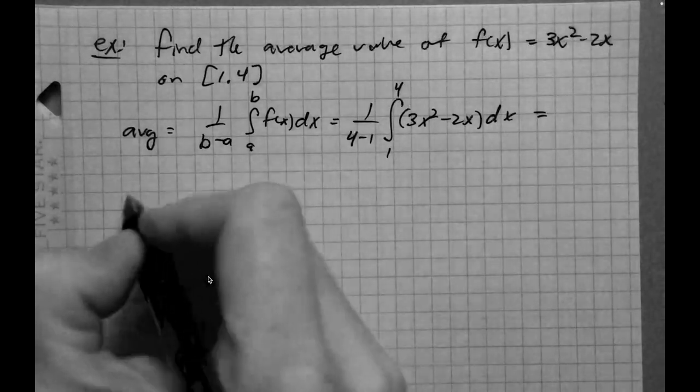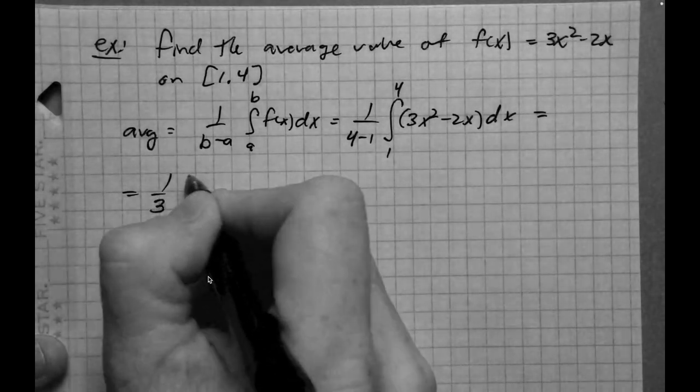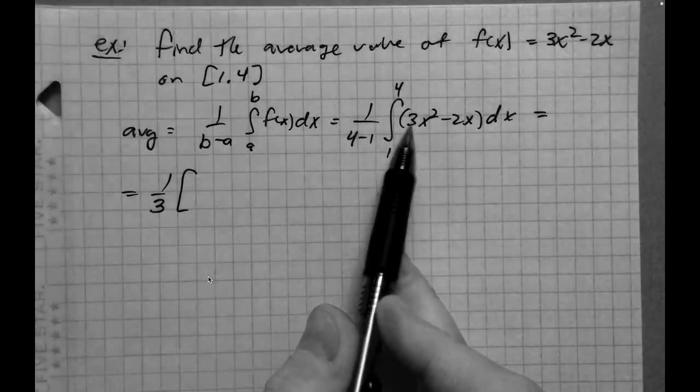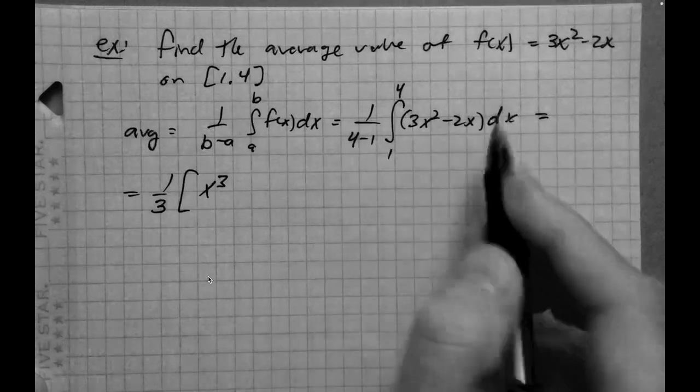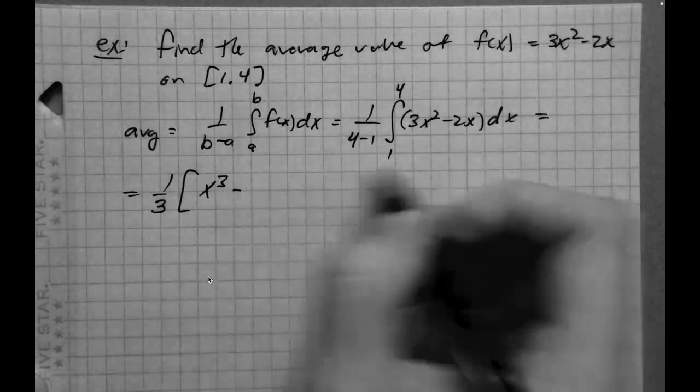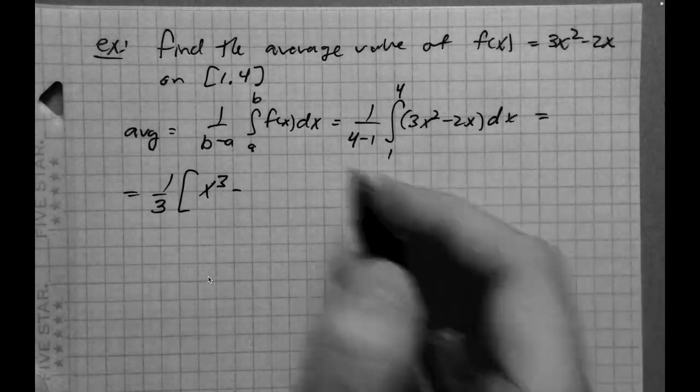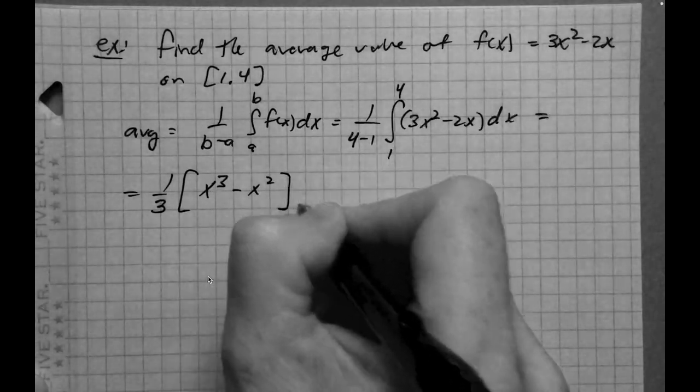So that's 1/3, and then this integral would be 3 times x cubed over 3, so just x cubed, minus 2x squared over 2, so just x squared.